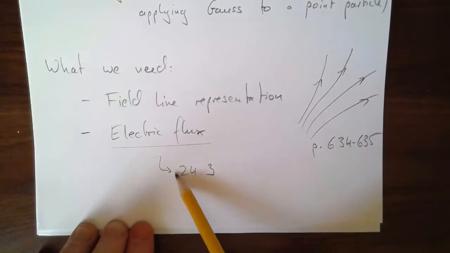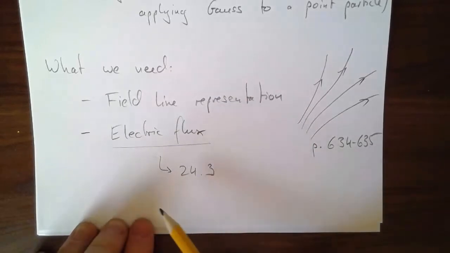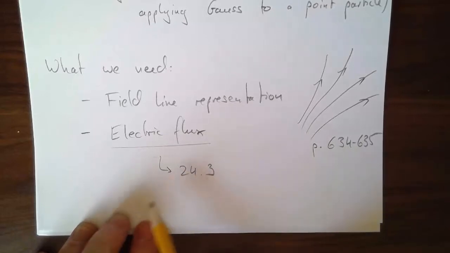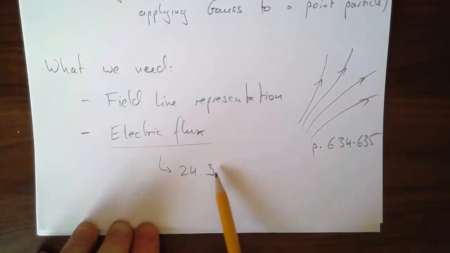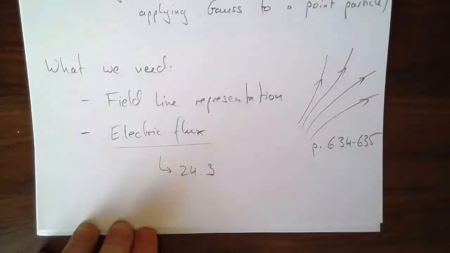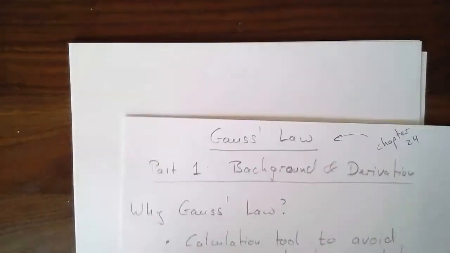In 24.4 in the book, we're going to derive Gauss's law. You ask what about 24.1 and 24.2. Well, those are about symmetry, because we're going to need a lot of symmetry reasoning. We're going to exploit symmetries when we apply Gauss's law, and we're going to do that just as we go along. 24.3 is where the concept of electric flux is introduced. That's what we're going to do right now.